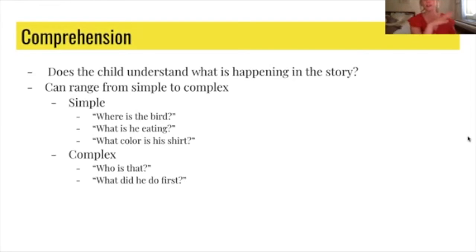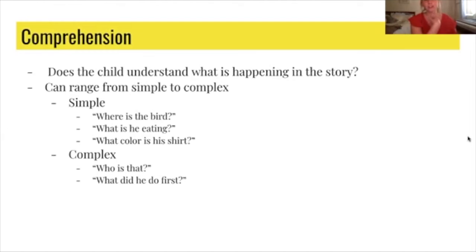So if you're reading in a large group setting and one kid doesn't really understand what's going on, like he's never had a babysitter before, maybe another kid in the group does, and then they can help provide that background knowledge for the kid who has never experienced that. That's another really great reason why we ask more complex questions, because it gives kids exposure to different ideas that they might have never even thought about before.